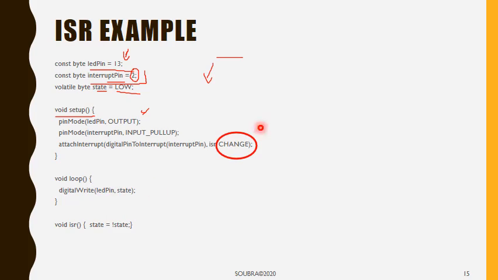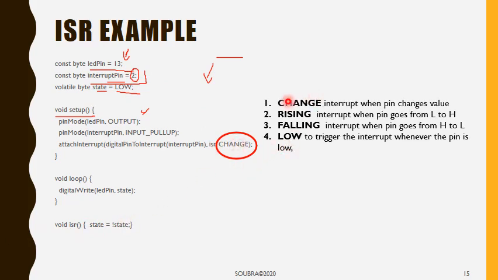Alright, and here we've talked about the cause of the interrupt. A change on pin number 2 will cause an interrupt to happen, and then we will go to the ISR. Fair enough. But we have different options.